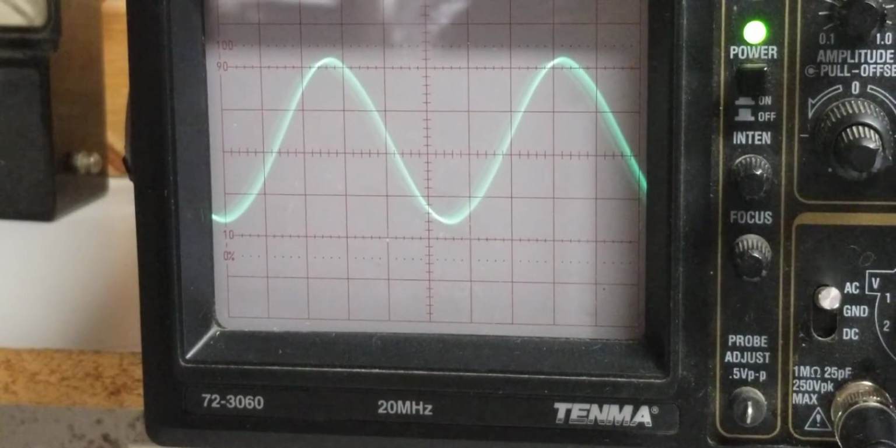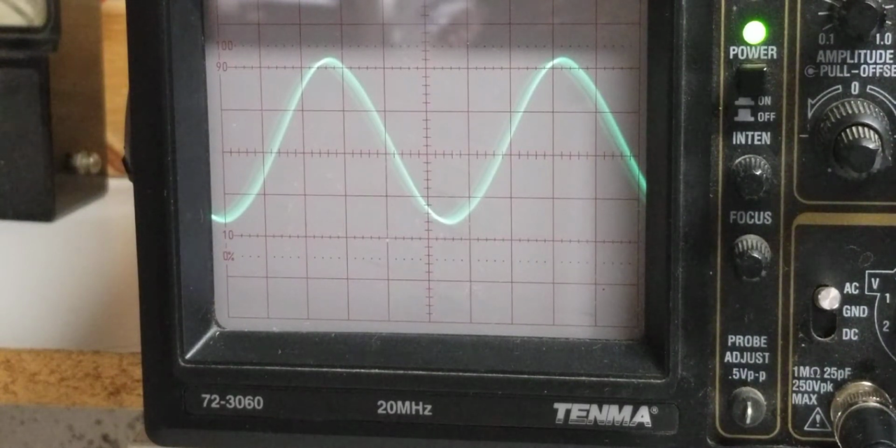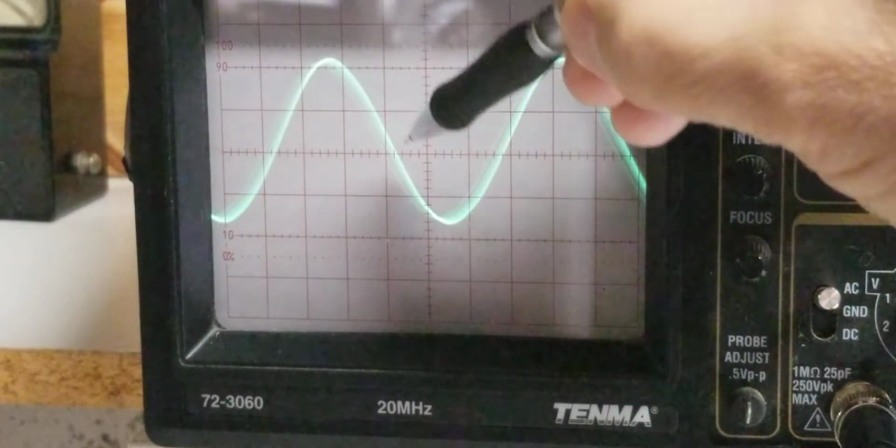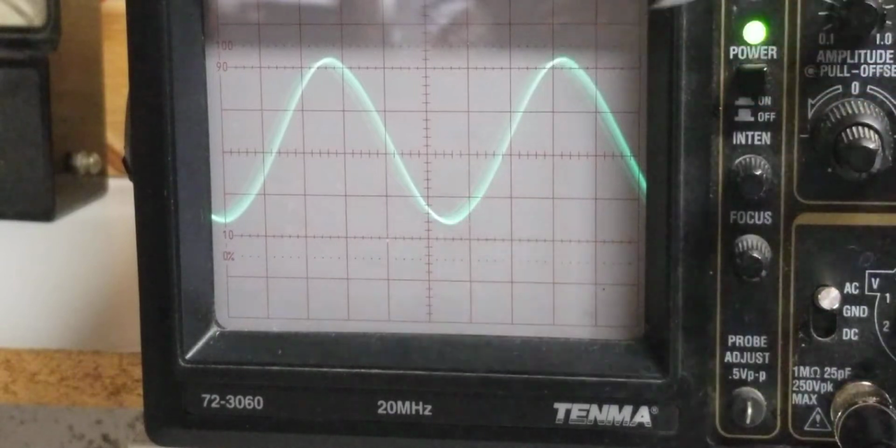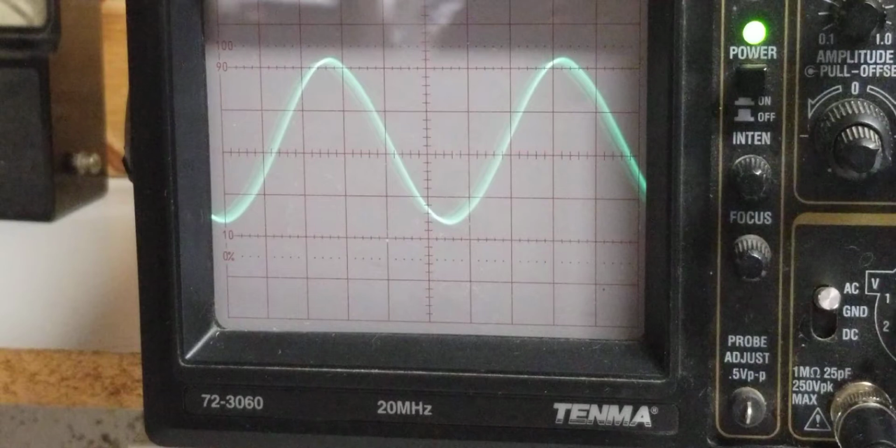Now, frequency equals 1 divided by the period. The period on a sine wave is how long it takes to repeat itself. That's called a period. So frequency, which is what I'm asking you to find, is 1 divided by the period.